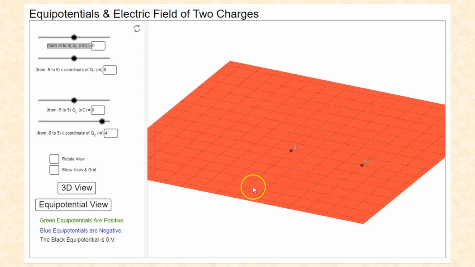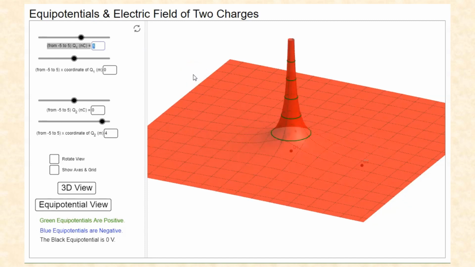Let's start with the sign of the charge. We're going to add a positive charge of 1 nanocoulomb to this two-dimensional space. As I said, the electric potential is graphed as the third dimension here. So we can think of this electric potential as being a measure of elevation, or height.